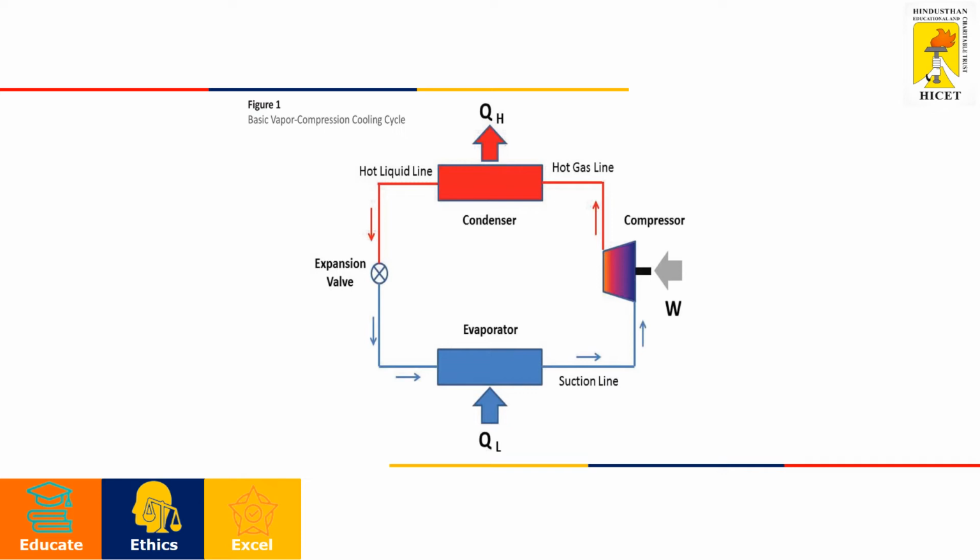So this is how the refrigerator we use works. It mainly consists of four components. One is the evaporator, the second is the compressor, the third is the condenser, and the fourth is the expansion valve. This is in general.